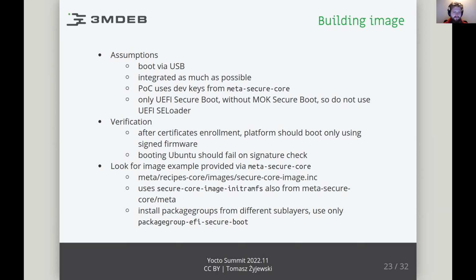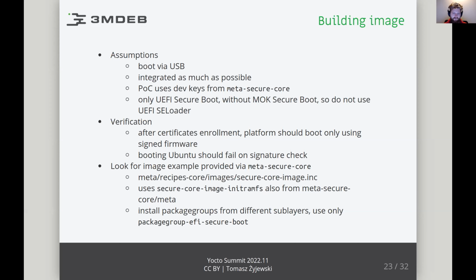We'll only use UEFI Secure Boot without MOK Secure Boot, so we'll need to unset the UEFI loader variable. The verification will be just to try to boot our system, signed with the keys from the meta-secure-core, and not be able to boot any other system, for example Ubuntu.